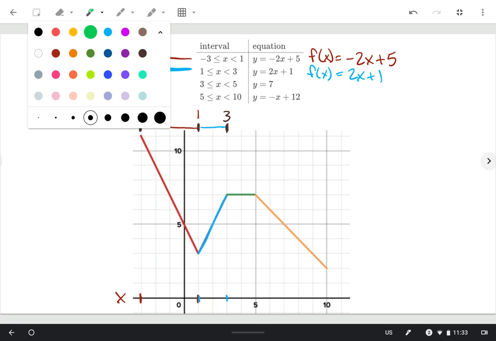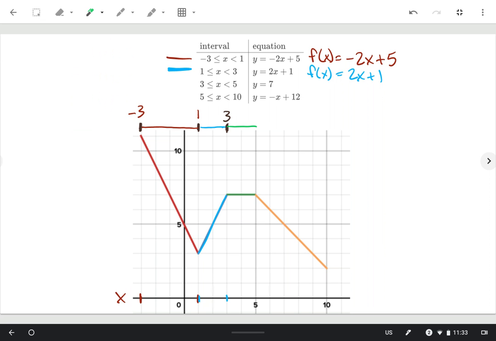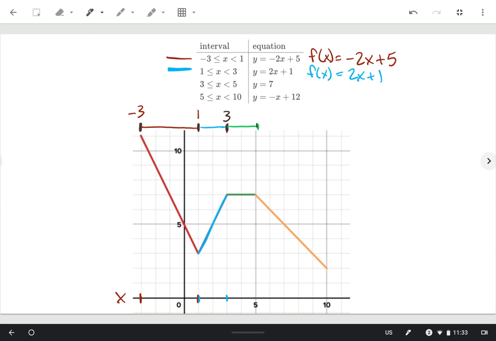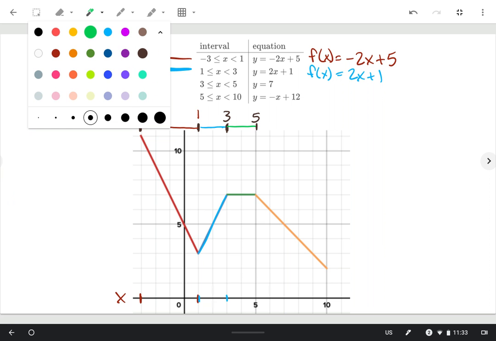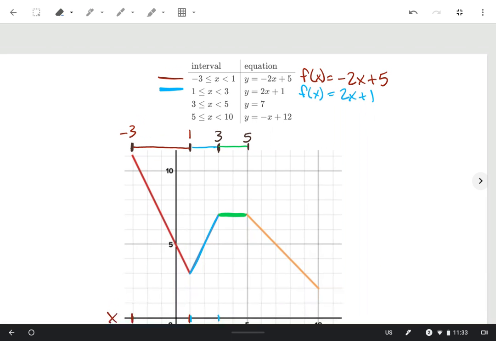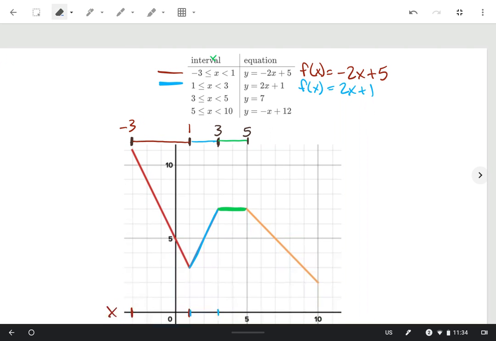Then the line flattens out, and from 3 to 5, we have the graph having a different function. From 3 to 5, it stays at the number 7. So again, the interval is talking about the x values.